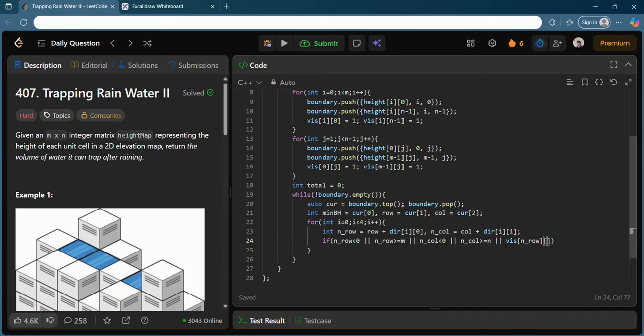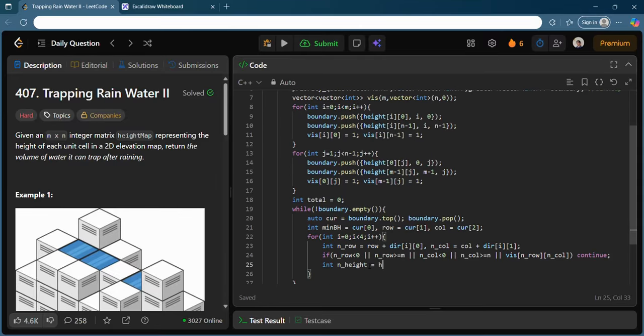If visited is true, you do not need to process it again, so you can just continue. You do not need to see the rest of the loop.